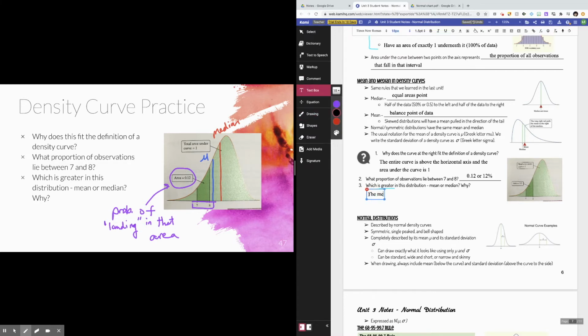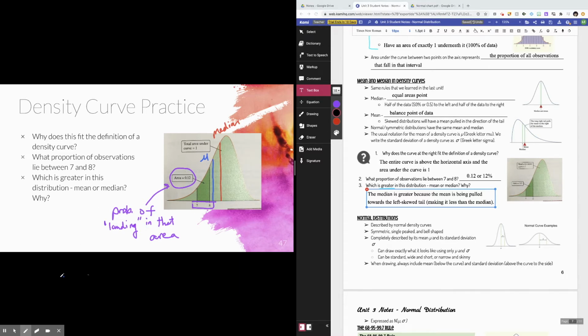So the median is greater because the mean is being pulled towards the left skewed tail, making it less than the median. Okay, all right, so that's your overview and general introduction to density curves.